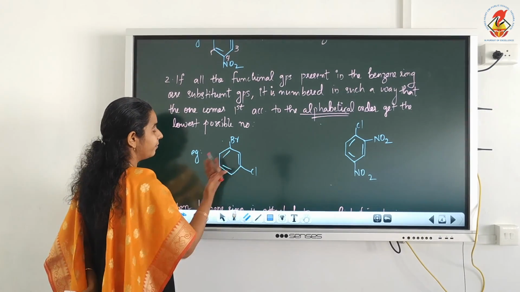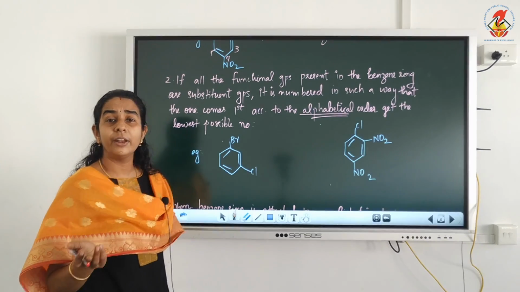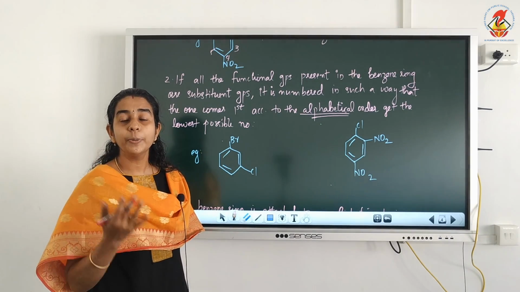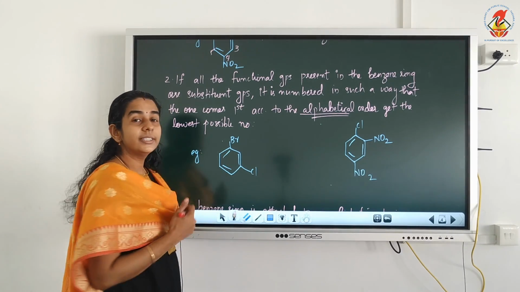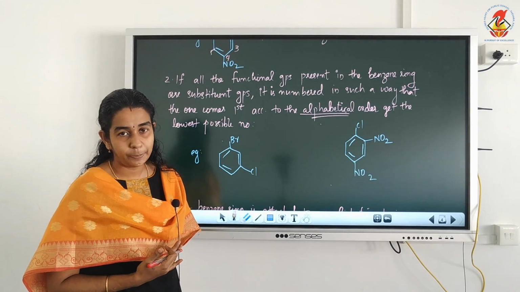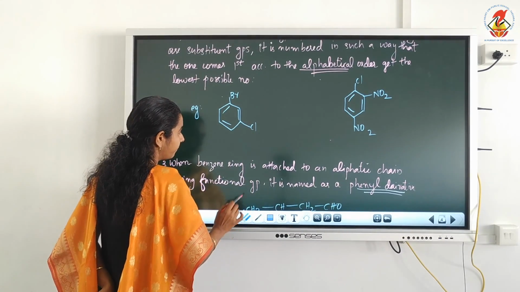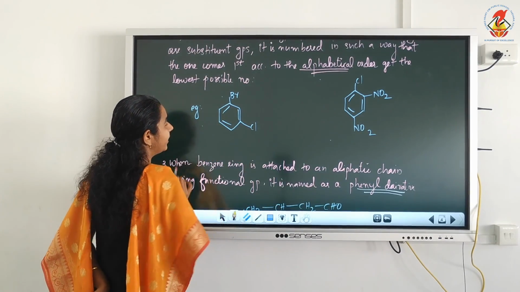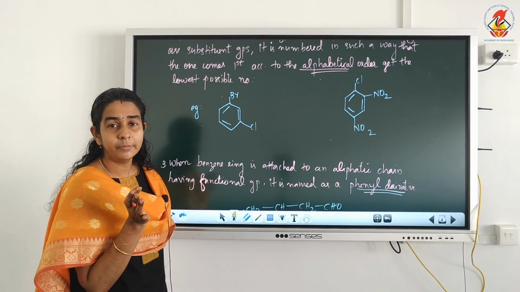For example, here we have a benzene ring containing bromine and chlorine. We know that halogens, like the nitro group, are also not included in the priority order. They are considered only as substituents with least priority. So the first possibility of numbering is when we number, the substituents should get the lowest possible number, isn't it?